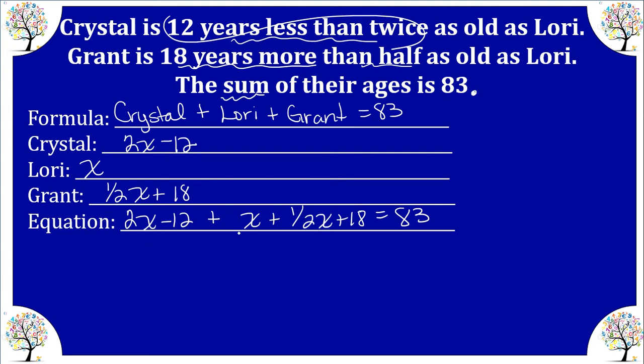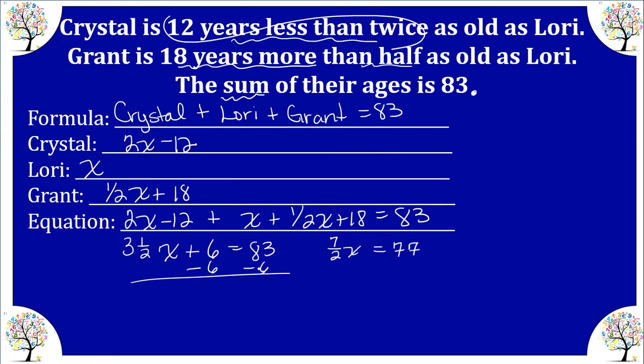So we have 3.5x, which I will convert to improper, minus 12 plus 18 is going to be plus 6 equals 83. We are going to subtract 6 from both sides, and I'm going to convert 3.5: 2 times 3 plus 1 is 7 over 2 times x equals 77 when I subtract 6.